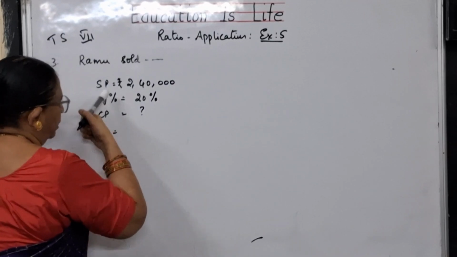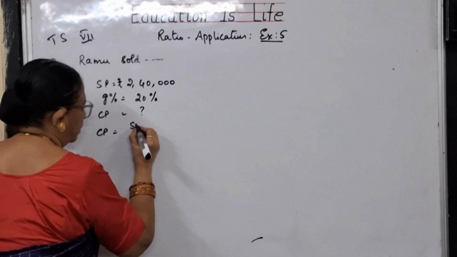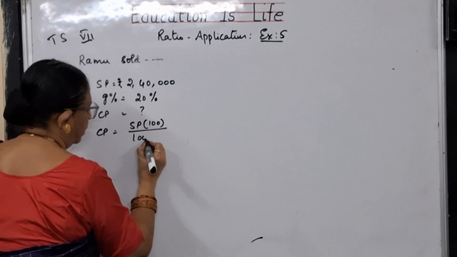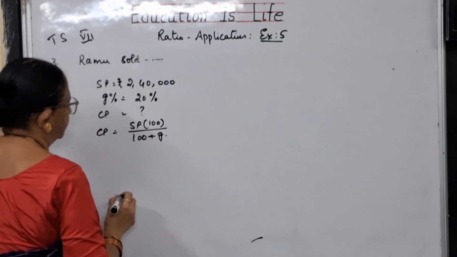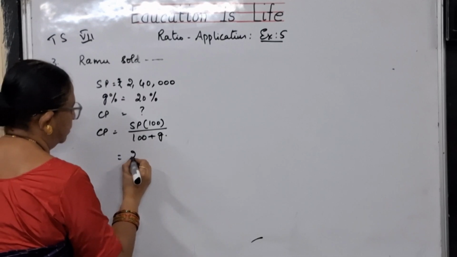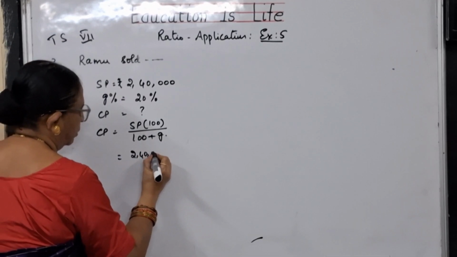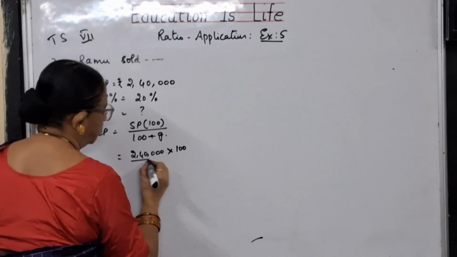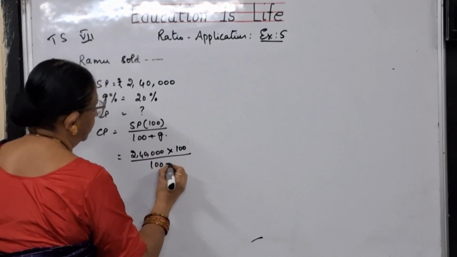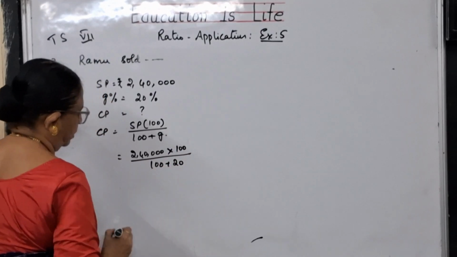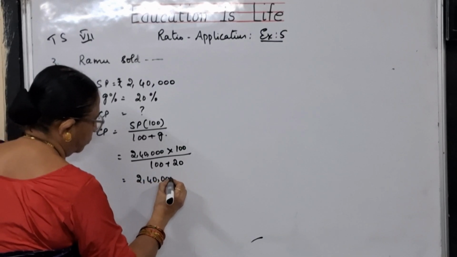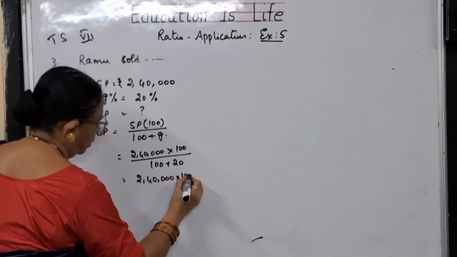Cost price, when selling price and gain is given, is nothing but selling price into 100 by 100 plus gain. So selling price is 2,40,000 into 100 by 100 plus gain, which is 20.